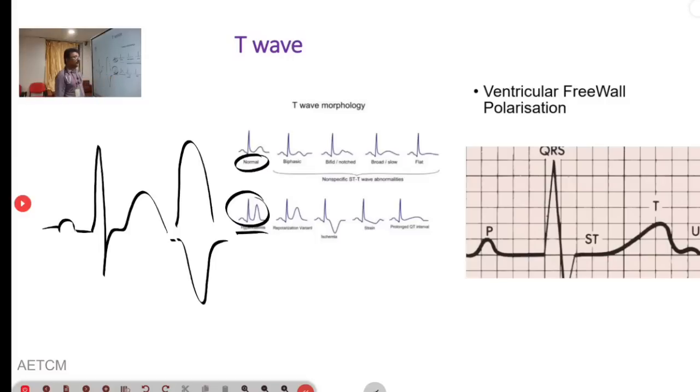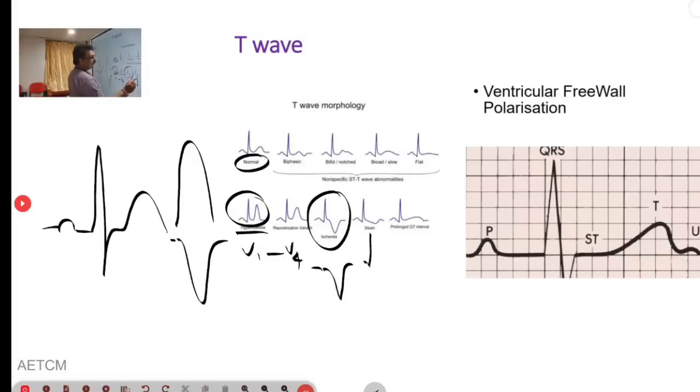If the patient is having renal failure and very tall T waves are seen in all the leads, you can suspect hyperkalemia. But if it is only in particular leads like V1 to V4, then you have to suspect hyperacute myocardial infarction. If the T waves are inverted and both the limbs are equal, then it is due to ischemia.